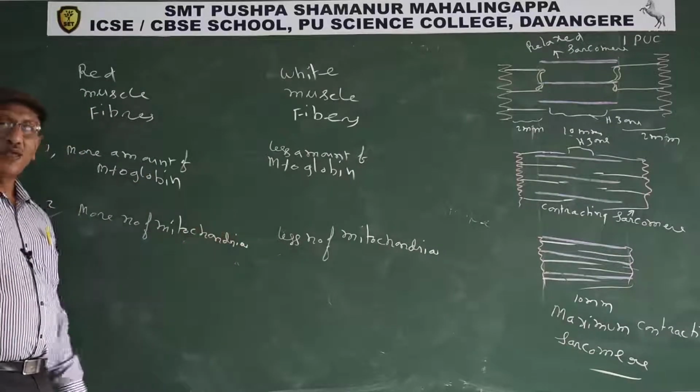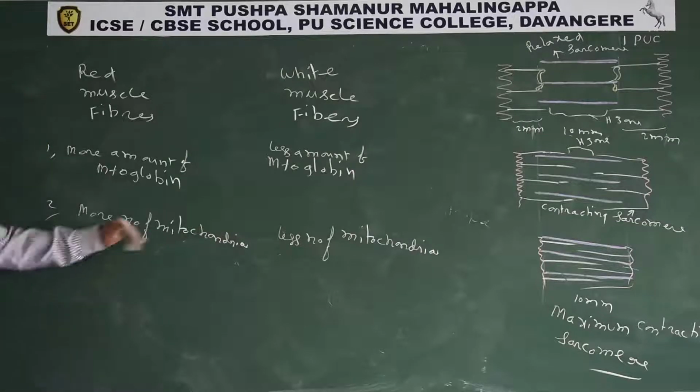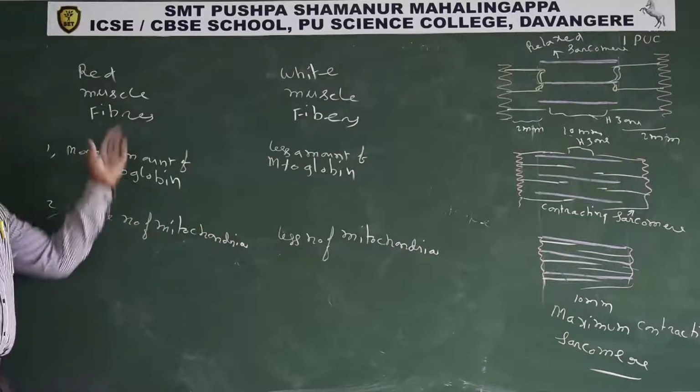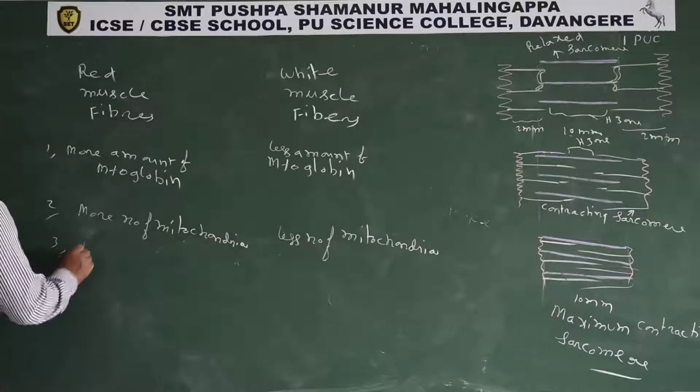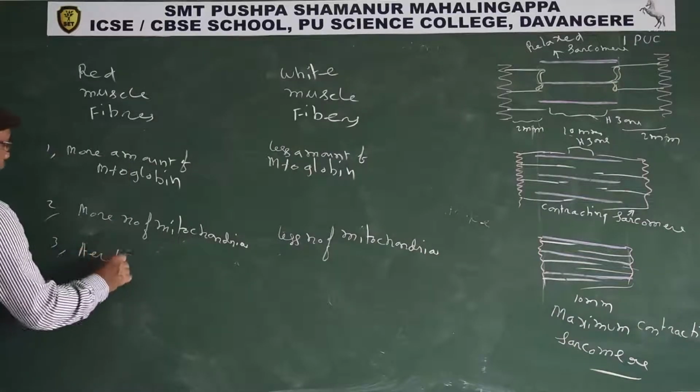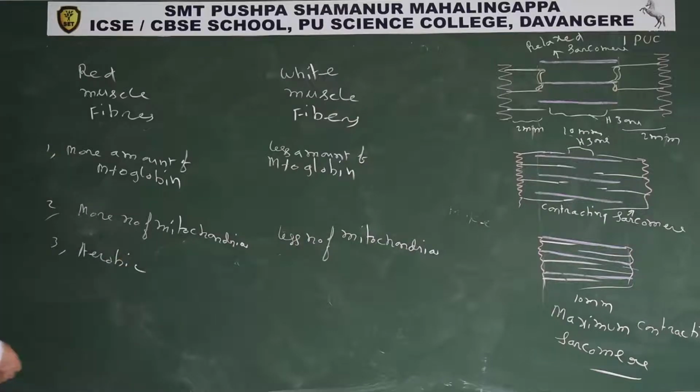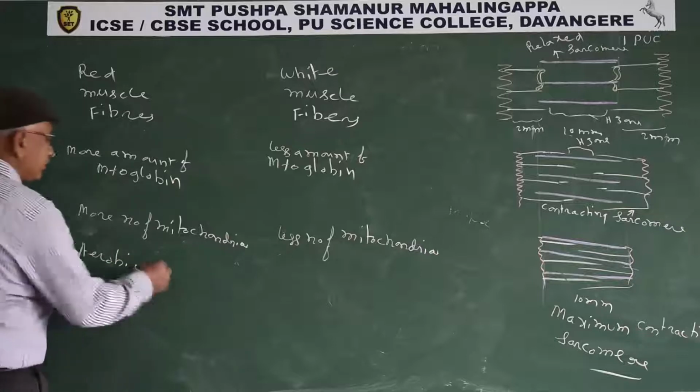Due to the presence of more ATP, red muscle fibers undergo aerobic respiration, utilizing oxygen, oxidation of food. So in the presence of oxygen, they undergo aerobic respiration.